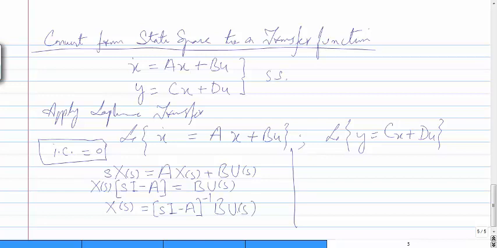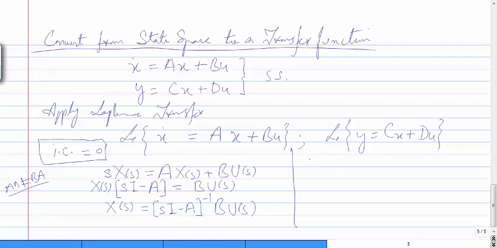So be very careful about post and pre multiplication, because these are matrices. You know from algebra that AB is not equal to BA. So this is very, very important. Be very careful about the post and pre multiplication you are doing here, because you have to pre-multiply so that all the states are the same.